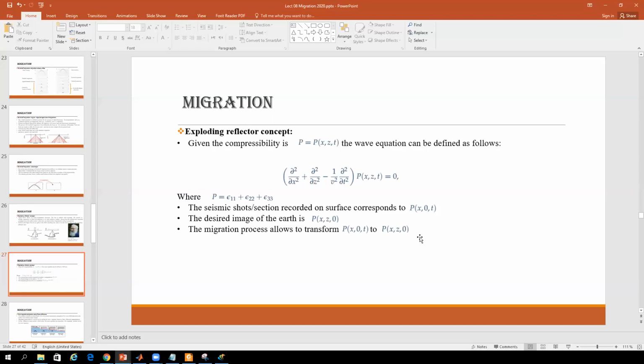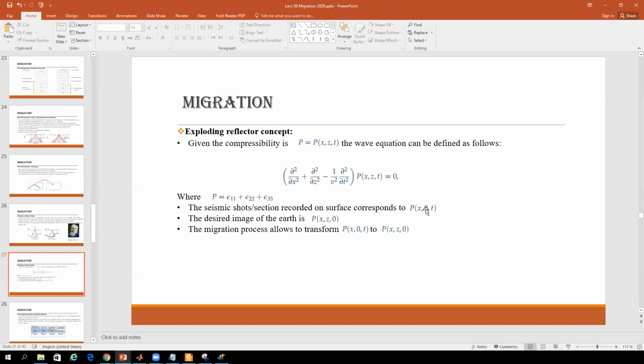And actually, what do we acquire and what do we have in hand? We have the seismic section. The seismic section is already a solution of the wave propagation, but it is the solution when z equals 0, because the data is acquired using geophones which are coupled with the ground, and they are located on the ground where the depth is 0. So the image which we have from the seismic is a solution of the wave equation at 0 depth.